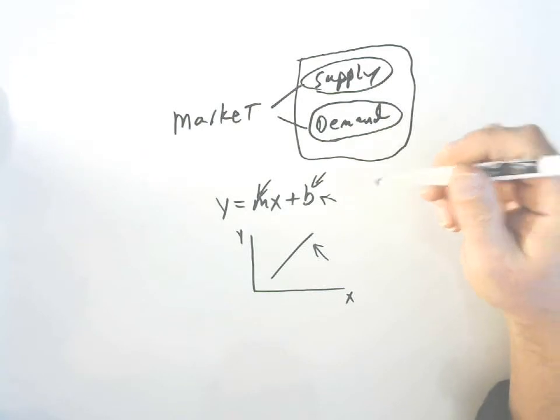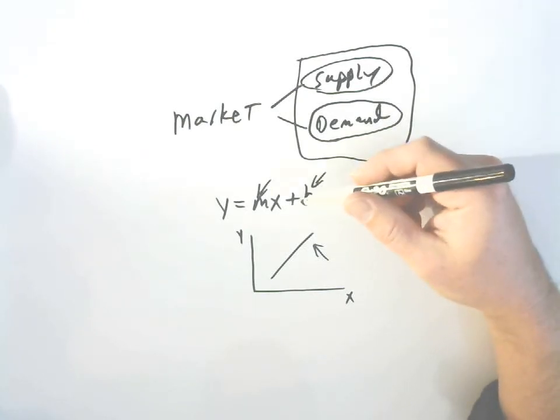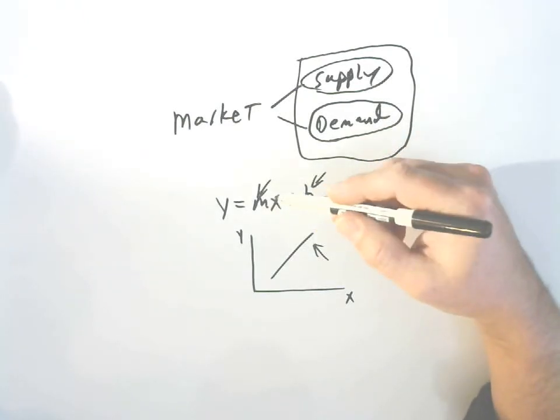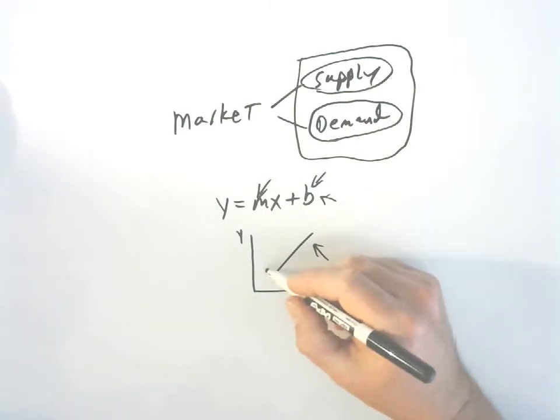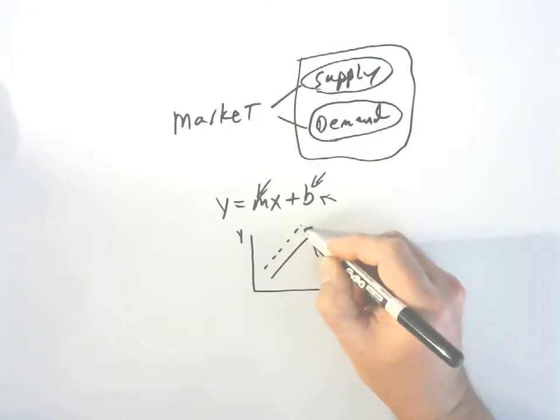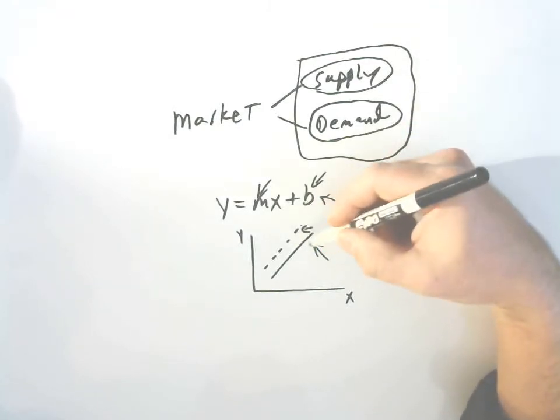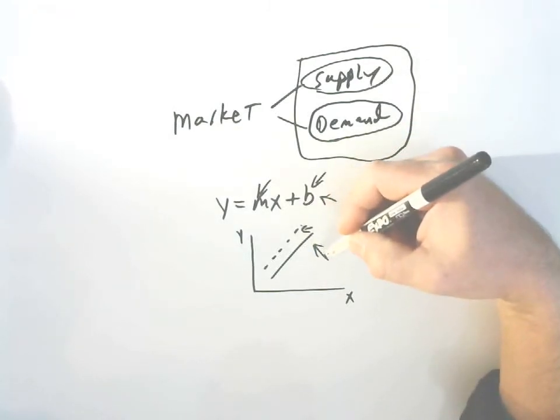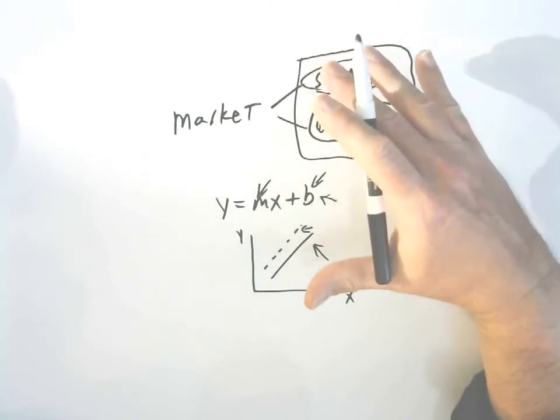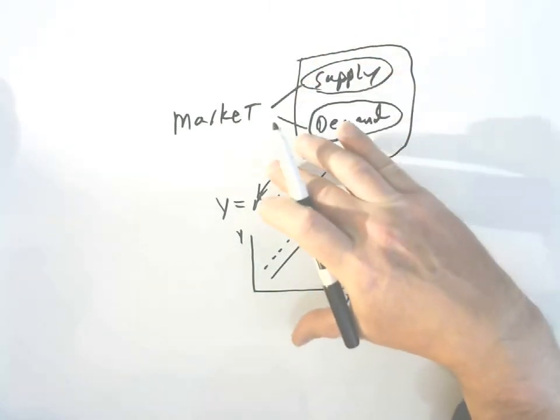So we would effectively shock this model, we would change m and b, and we would see how this line changes. Okay, and then we would analyze the change. So when we model markets, we are going to do exactly this.